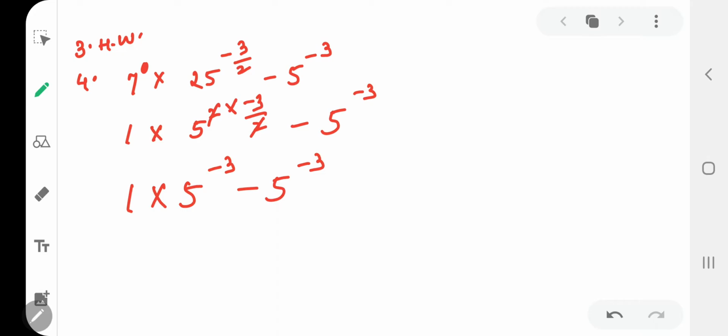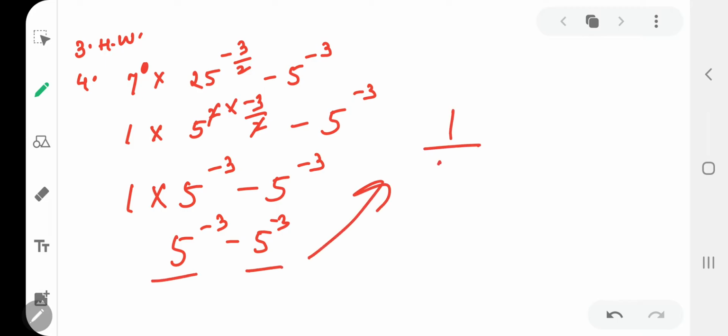Are you getting my point clear? Now if you notice, you have multiplied, you will get both of them like this. Now my dear kids, can I make them positive by reciprocating?